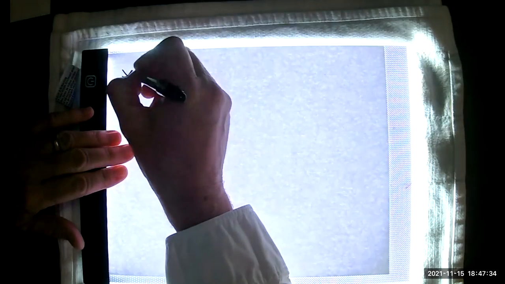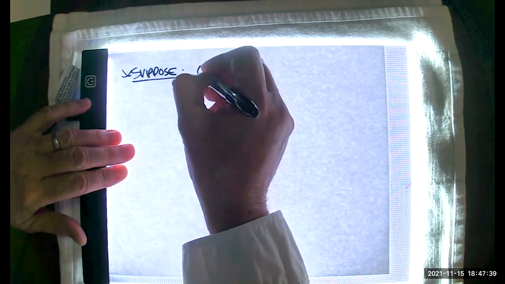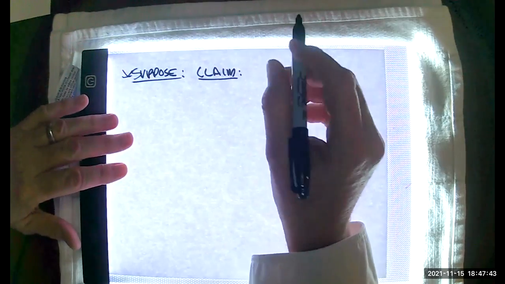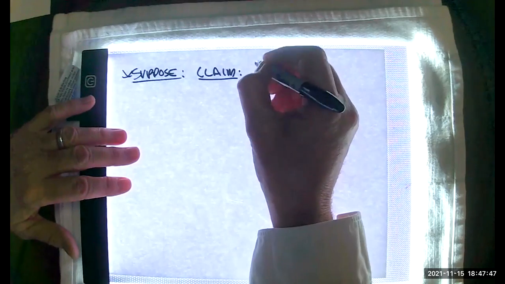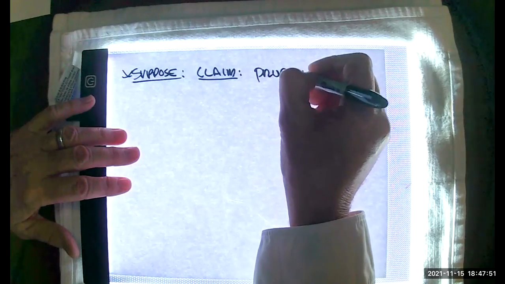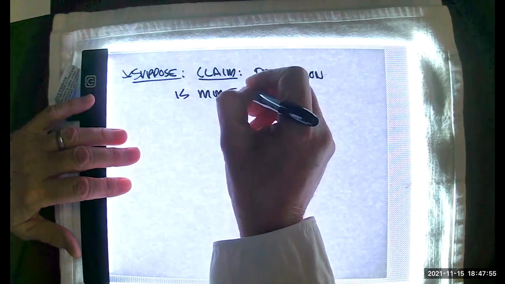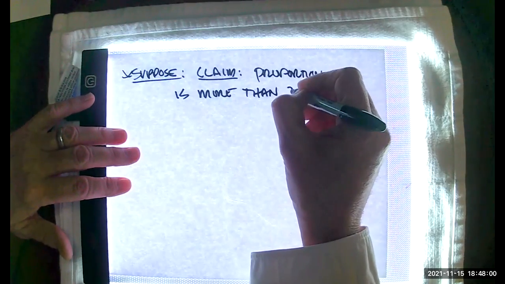So let me give you another example. Suppose we've got the claim, some sort of population proportion is more than, I don't know, pick a percentage, 75%.